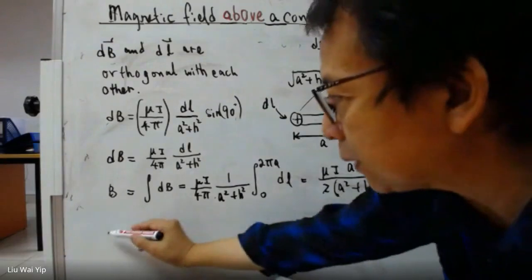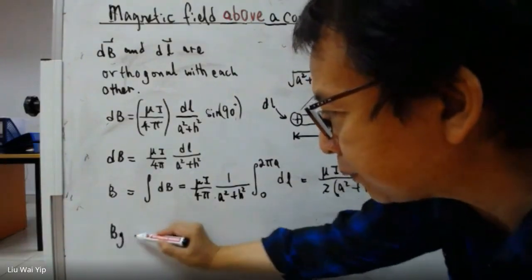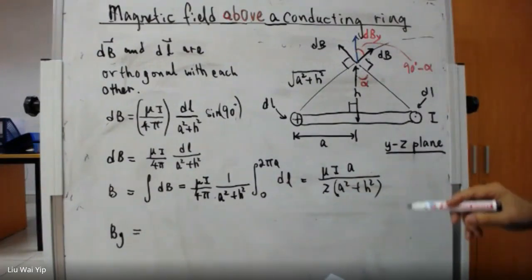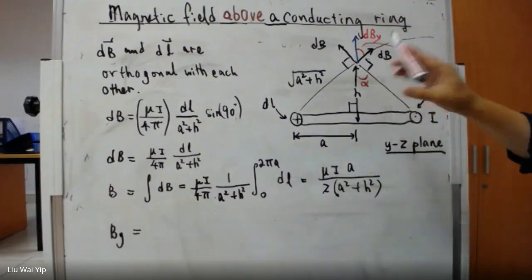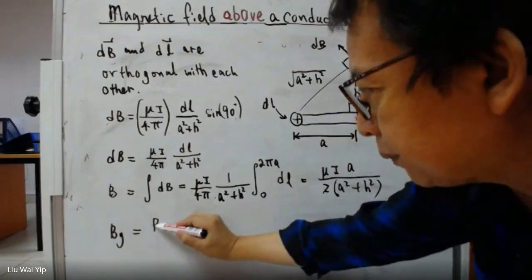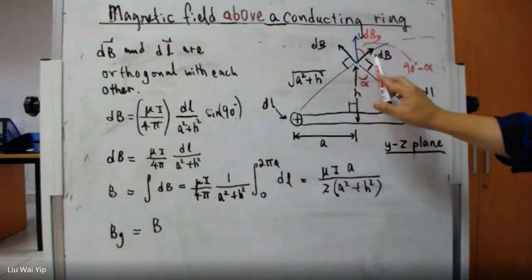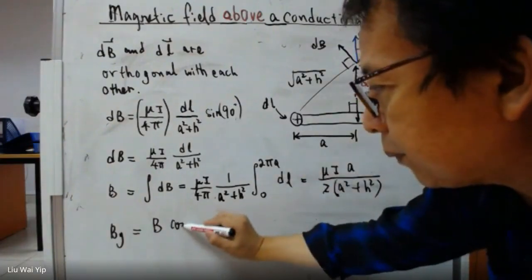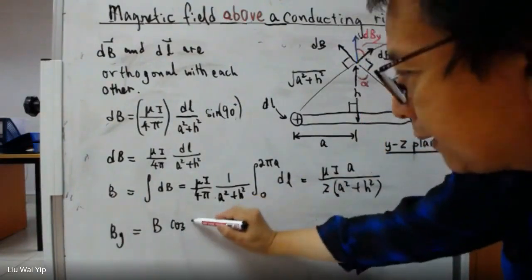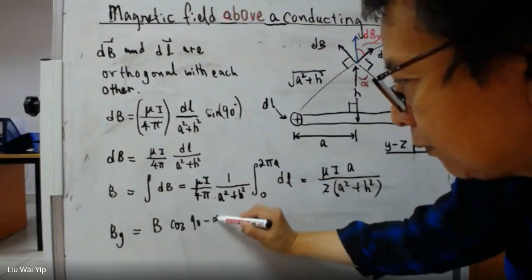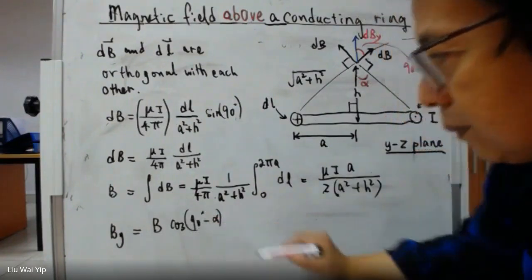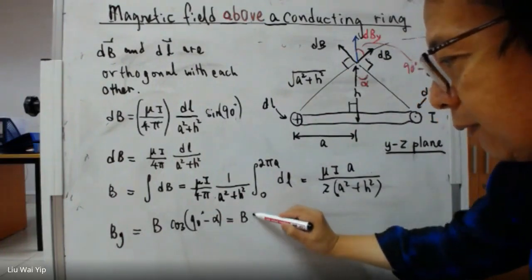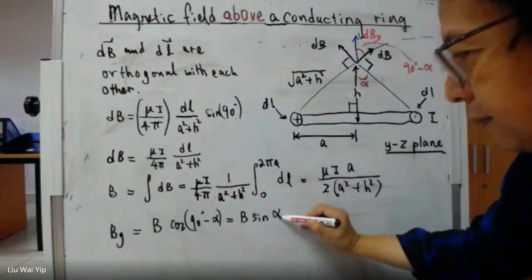This magnetic field in the vertical direction will be dBy, which is dB times cosine of this angle, 90 degrees minus theta, which is equal to dB sine alpha.